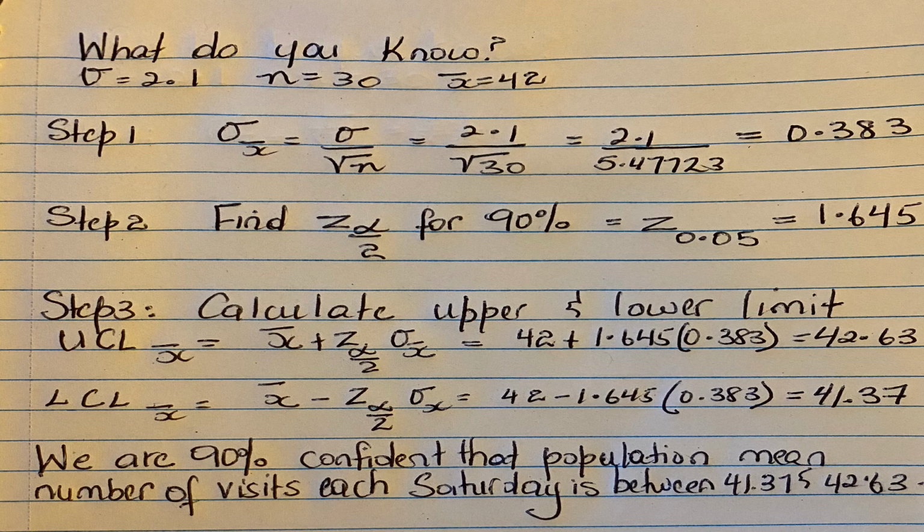But remember the rules of BODMAS or PEMDAS, depending on your territory, you may refer to it differently. We multiply first. So we have to multiply our 1.645 by 0.383, and then we add 42 to that to get 42.63 minutes. We do the same thing for the lower control limit, and we subtract to get 41.37 minutes.